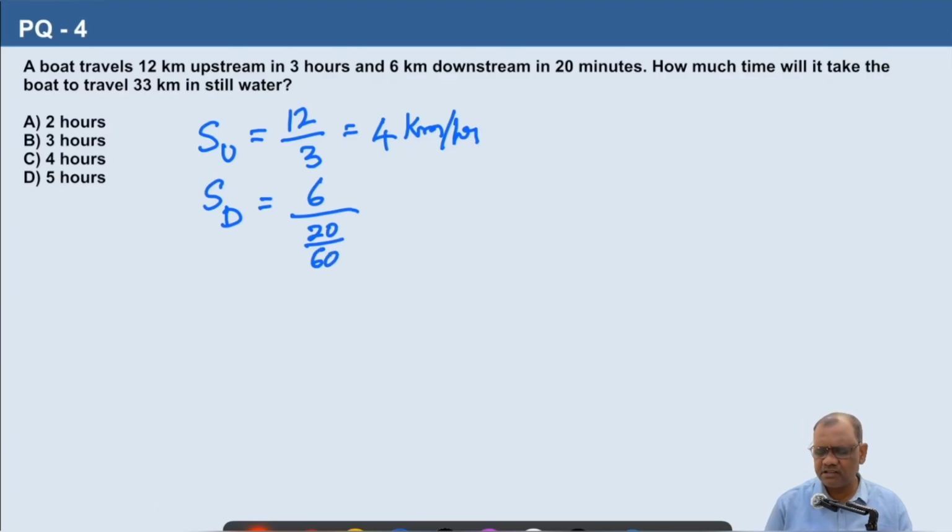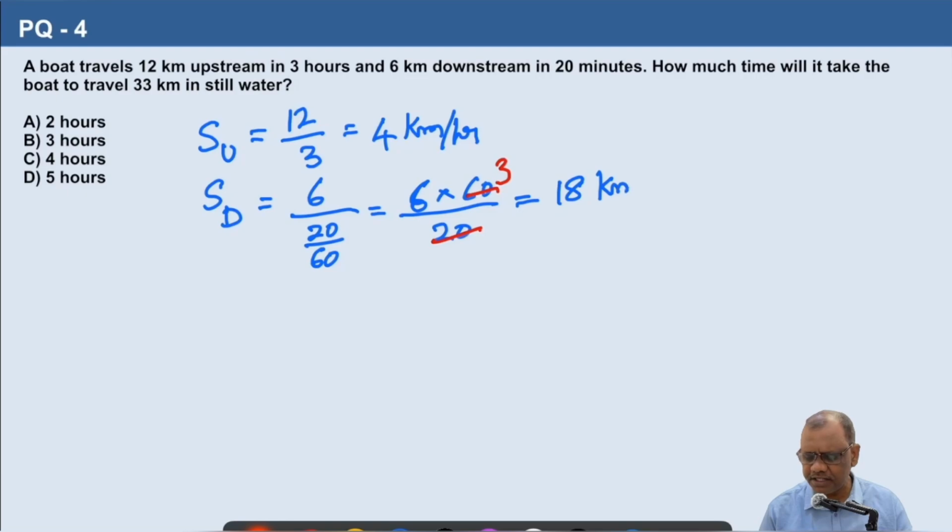That gives 20 by 60 hours. If you simplify this, 6 multiplied by 60 divided by 20, that is 6 times 3, which is 18 kilometers per hour. This is the downstream speed.